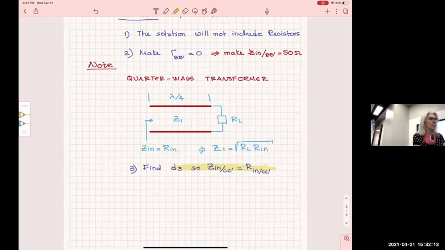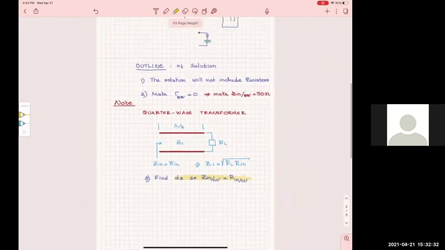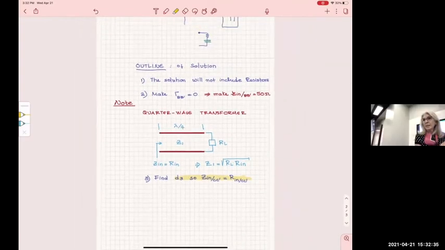But characteristic impedance in practical transmission lines is always real, and it depends only on the geometry.